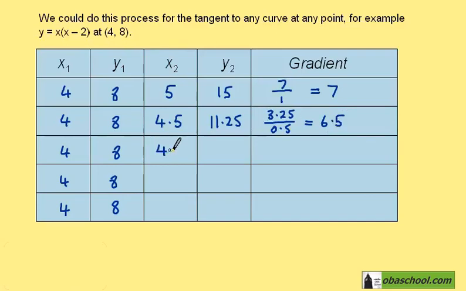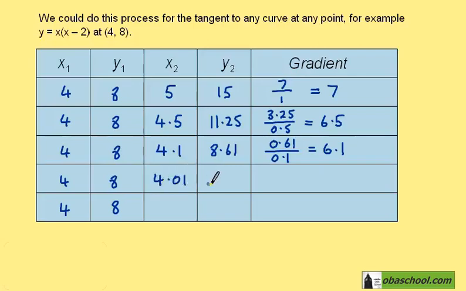If we take x is 4.1, y is 4.1 times 2.1, which is 8.61. Our gradient then is 0.61 divided by 0.1, which is 6.1.